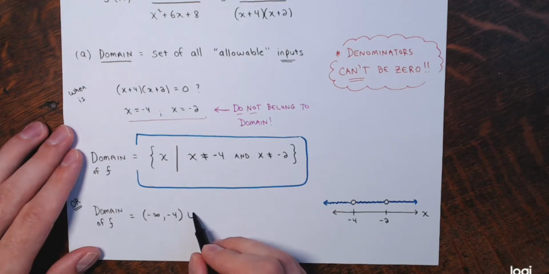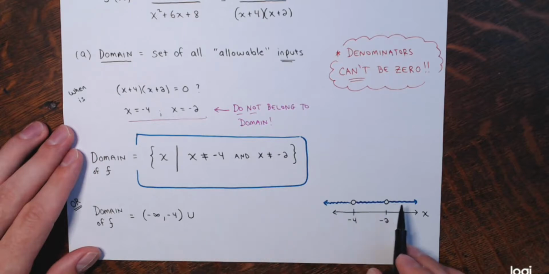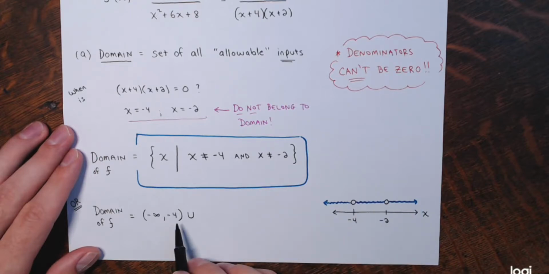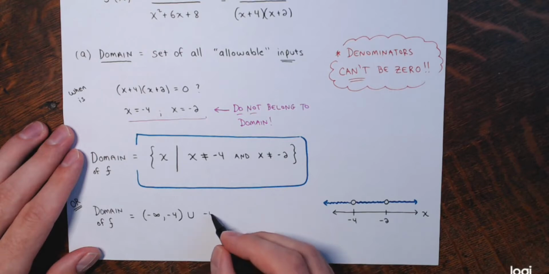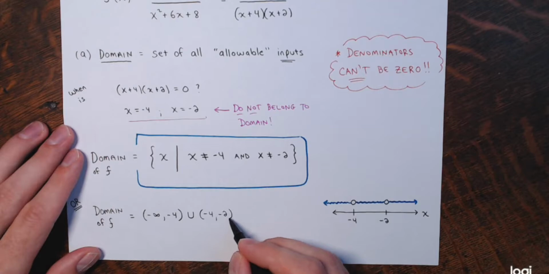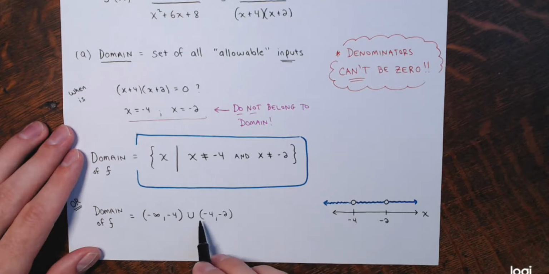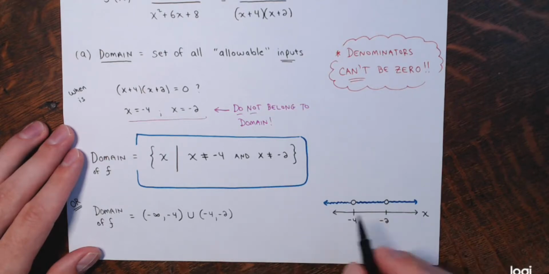Then, in union with, remember when there are multiple intervals you separate them with the union symbol, the big U, and again, I'm assuming you've seen interval notation before. The second piece is the numbers between -4 and -2: -4, comma, -2, with parentheses on both ends, because -4 is not in the domain and -2 is not in the domain.